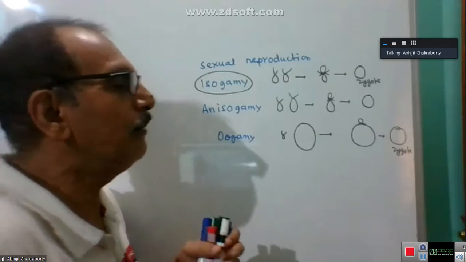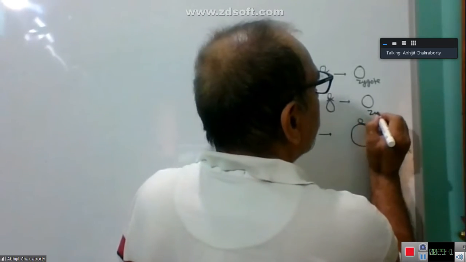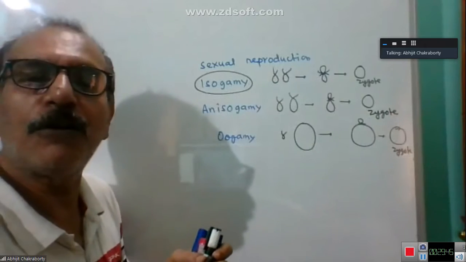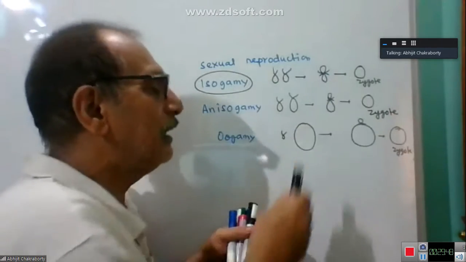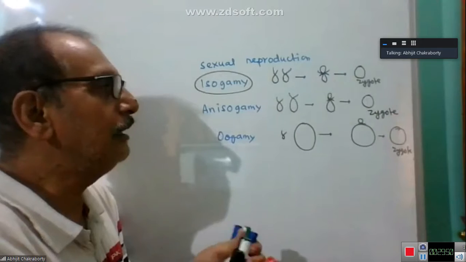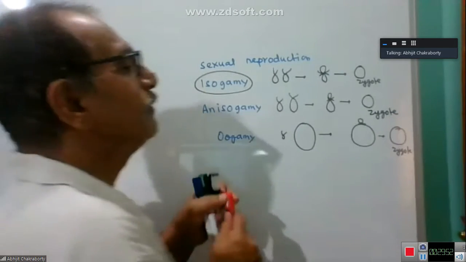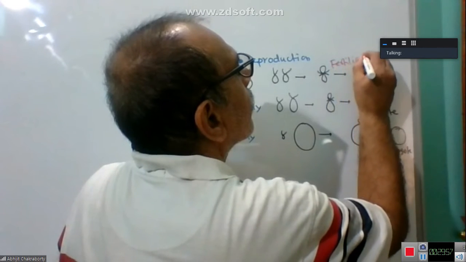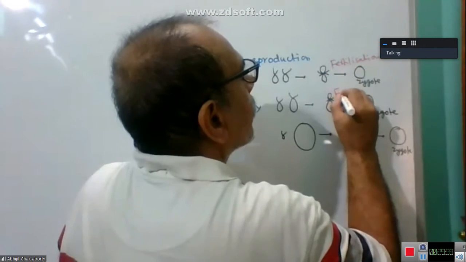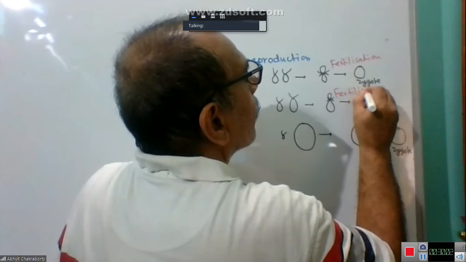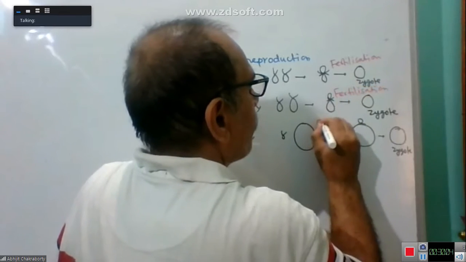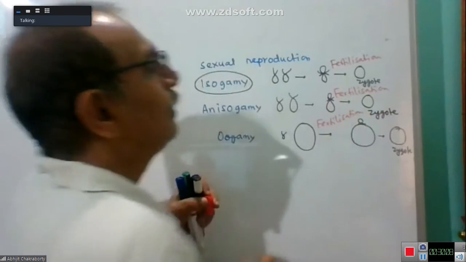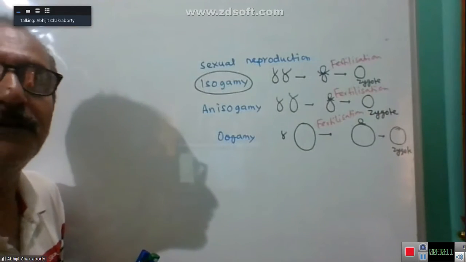Now everywhere I am writing the term zygote. But if conjugation occurs, it seems that fertilization takes place here. This is fertilization, and every time we are getting the zygote.